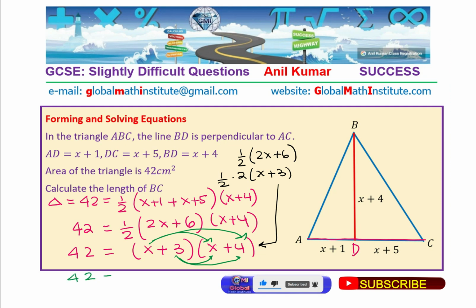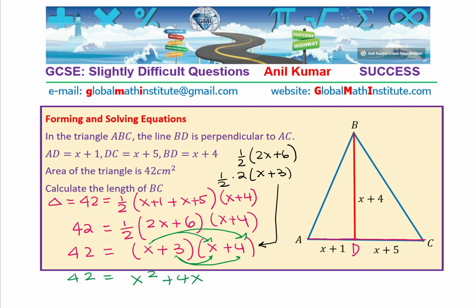So we have 42 equals x squared plus 4x plus 3x plus 12, and that is equal to x squared plus 7x plus 12. Makes sense? So 42 is x squared plus 7x plus 12. We have a quadratic equation. Bring all the numbers to one side, and then you can solve this quadratic equation. Great.